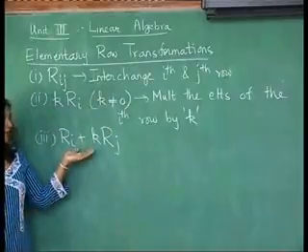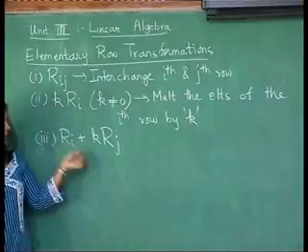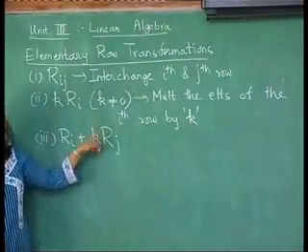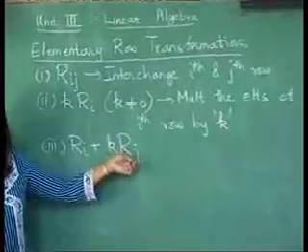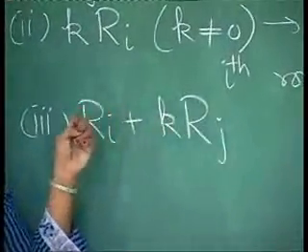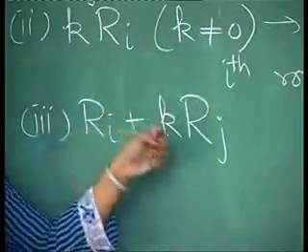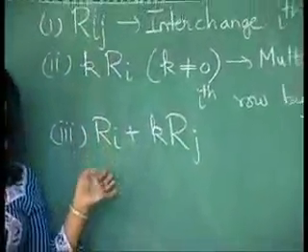In this transformation, to the elements of the ith row, we add k times the corresponding elements of the jth row. So these are the three elementary row transformations.